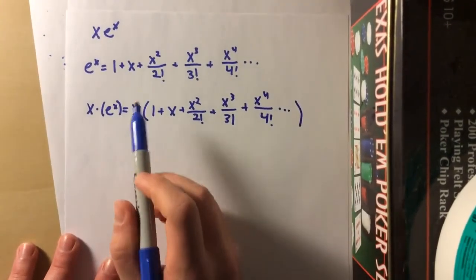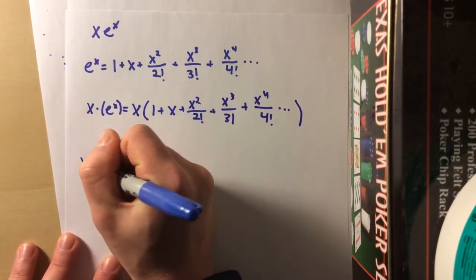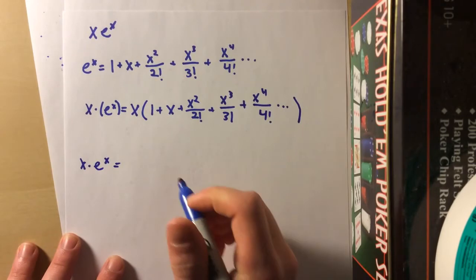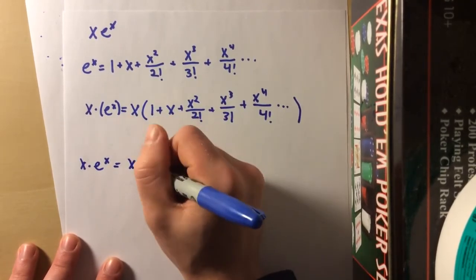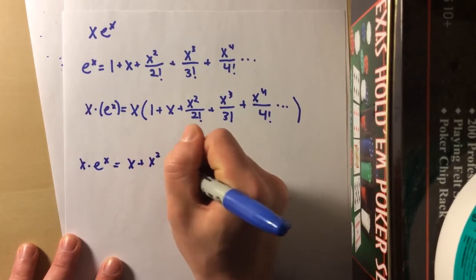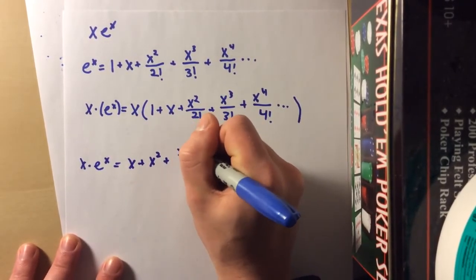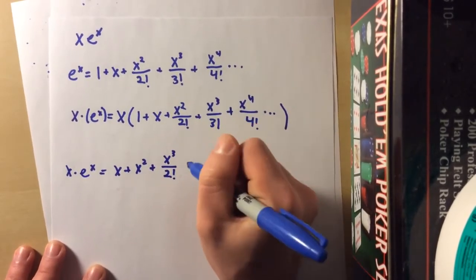Well, now we can just multiply each of these terms by x, and we get that x times e to the x is equal to 1 times x, that's x, plus x times x is x squared, plus x squared times x is x cubed over 2 factorial, and you get the pattern.